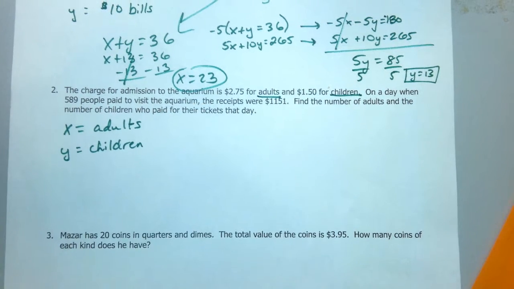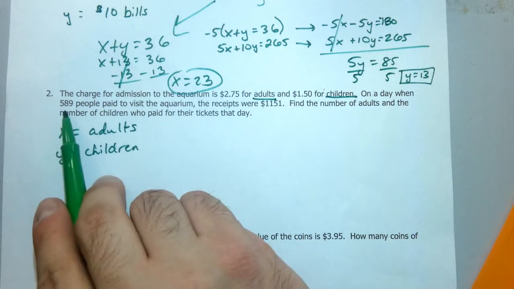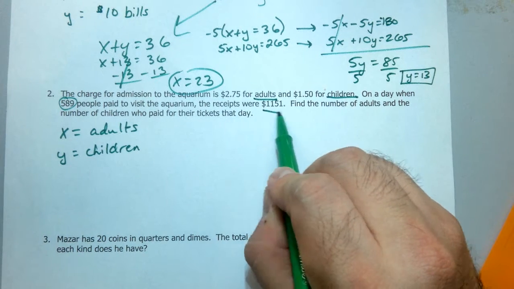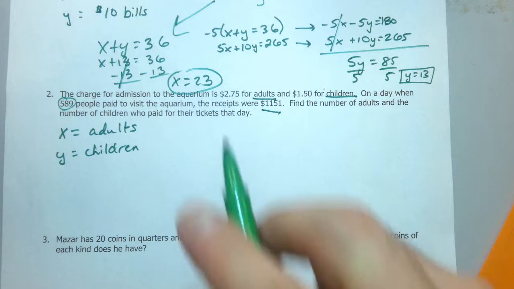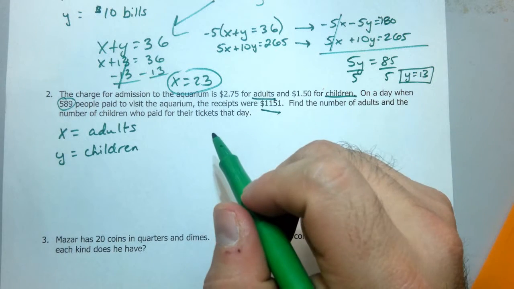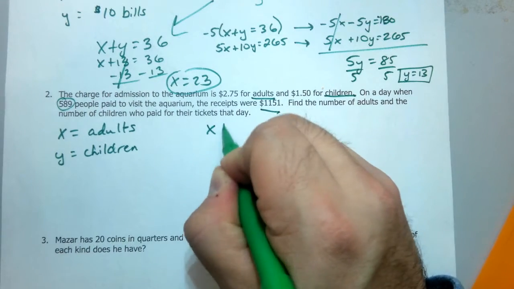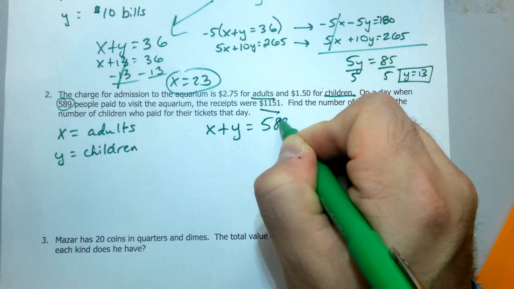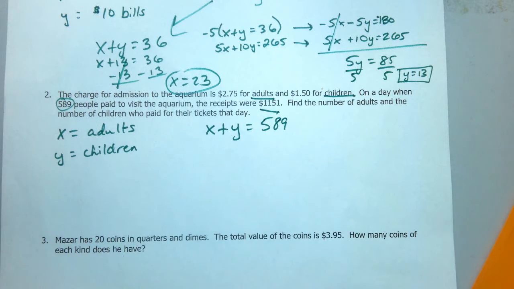On a day when 589 people paid to visit the aquarium, the receipts totaled $1,151. Basically there's two types of tickets, adult tickets and children tickets. So the adult tickets plus the children's tickets will equal 589, because that's how many people visited the aquarium that day.